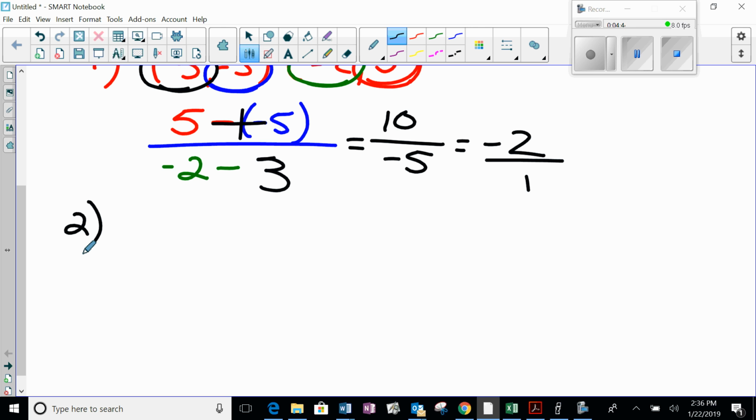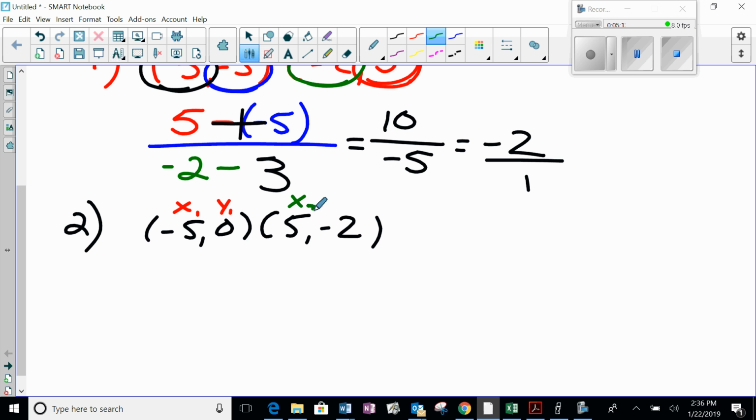Number 2, the points are negative 5, 0, and 5, negative 2. I'm going to take the first point that they gave you and I'm going to label it x1, y1, because that's the first point they gave us. I'm going to label the second point x2, y2, because that's the second point they gave us.